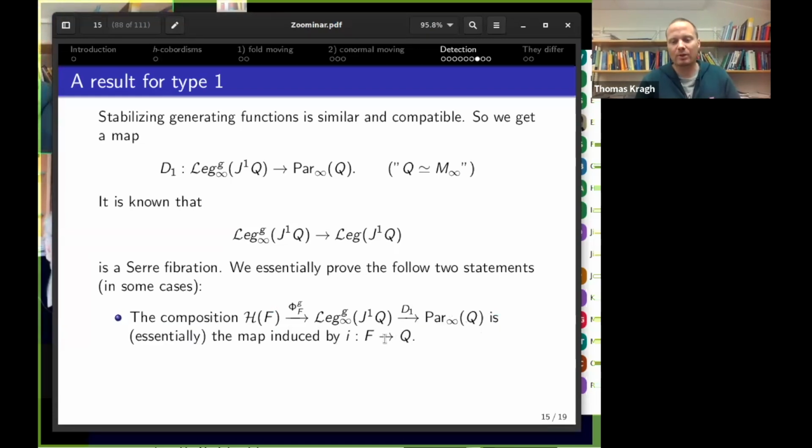It's a different cobordism, so you have to do a little bit of work, but it's essentially, and it's almost as injective as that thing, so I don't want to get into that.